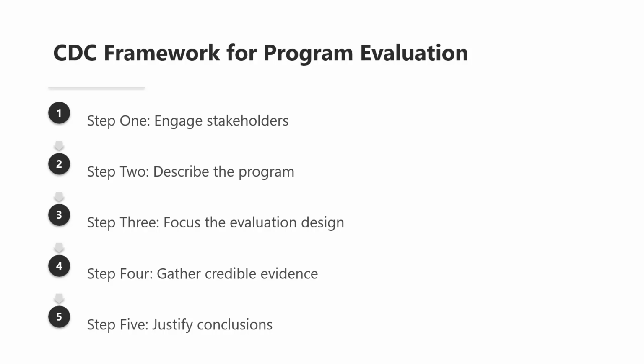Step 3 is to focus the evaluation design. Here you determine which questions the evaluation will answer, what type of evaluation is most appropriate, and what methods you will use to collect data. Step 4 is to gather credible evidence.